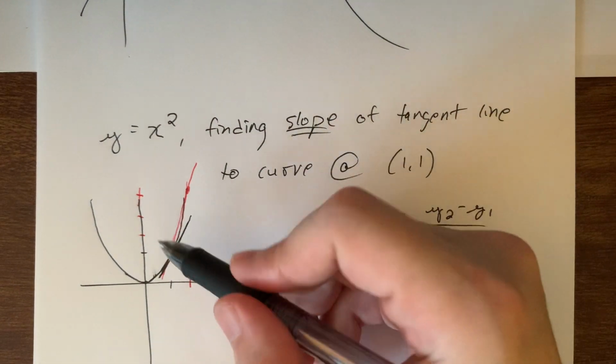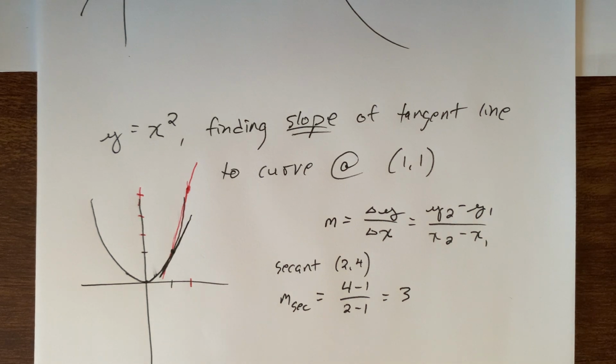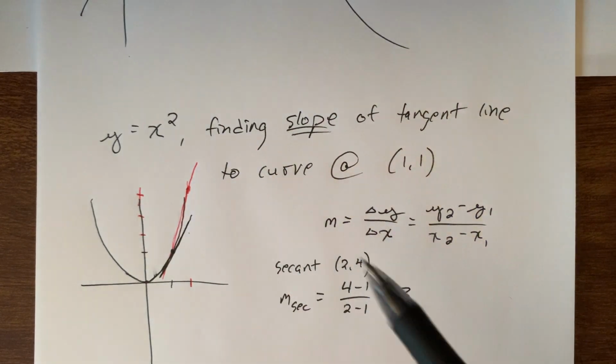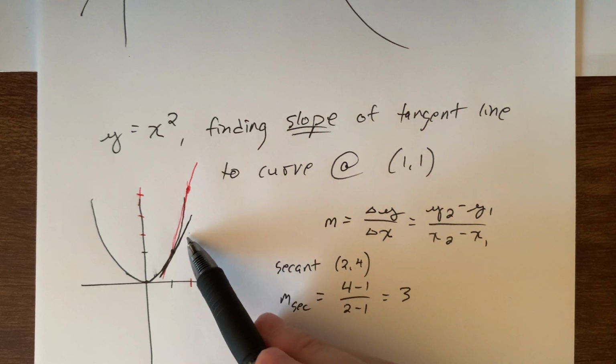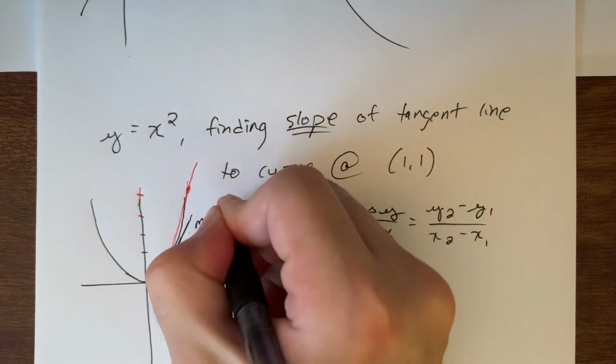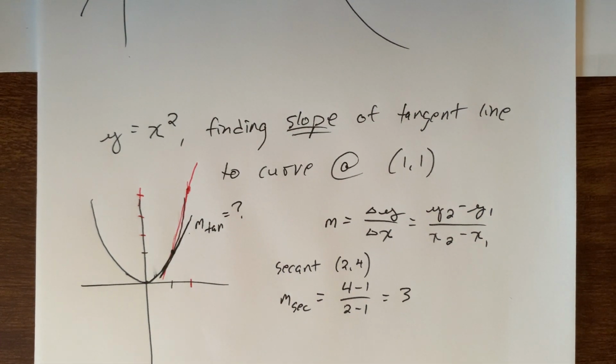So we found the slope of this first red line is 3. But, as plenty of you are probably already saying, so what? How does that help? This red line is clearly not the same as this black line, so why is this slope really going to help me with this slope? So let me even make that note. This is the tangent line, and the slope of the tangent line is really what we're looking for here.